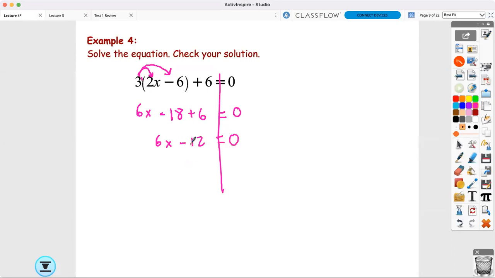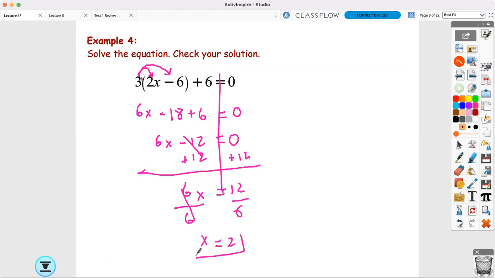Then we use the addition property to move the number to the other side. So the opposite of -12 is +12. Put it over here. So then bring down the 6x equals +12. Then we use the multiplication property to divide by 6. Then we get x equals 2. And we're done.